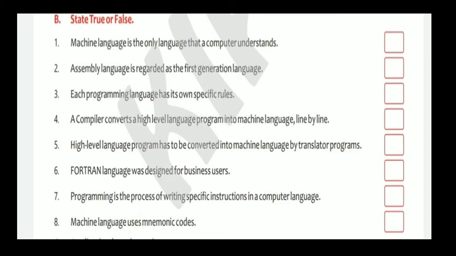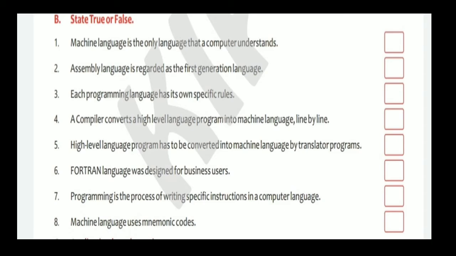So I am revising again the true and false. First is: machine language is the only language that a computer understands, that is true. Assembly language is regarded as a first generation language, that is false. Each programming language has its own specific rules, that is true. A compiler converts a high level language program into machine language line by line, that is false.